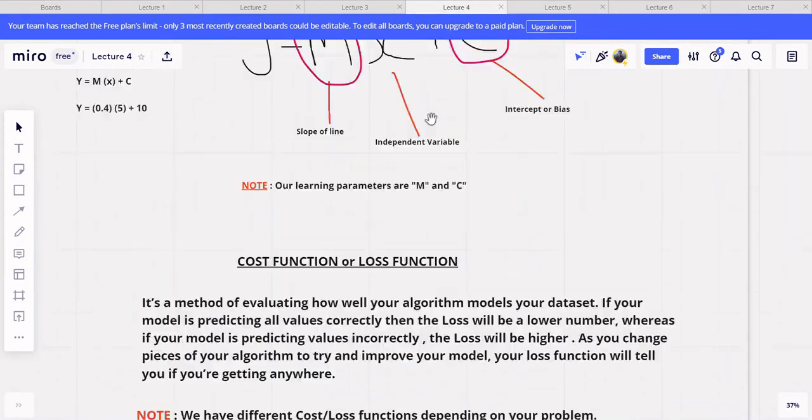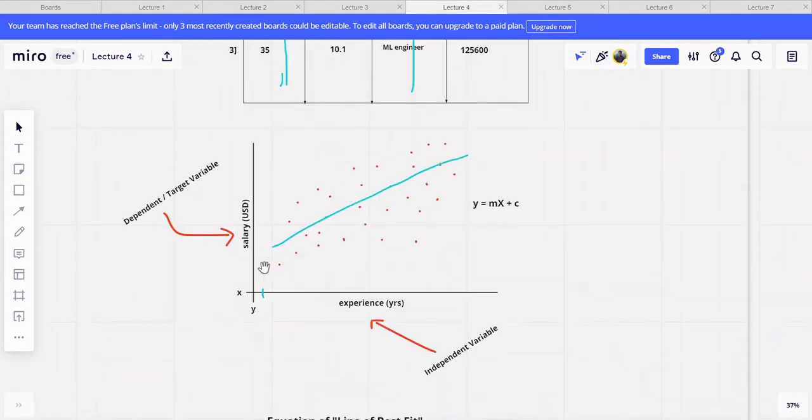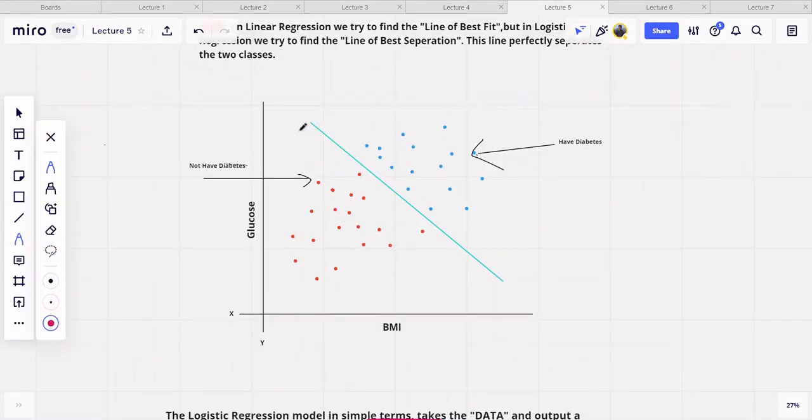Now unlike linear regression, where we try to find a line of best fit, in logistic regression we try to find a line of best separation. So in logistic regression we train our model to find a threshold separation line. Once this line is found, logistic regression separates our data set into two parts, and it says that if any data point falls below this line, then that data point will not contain diabetes.